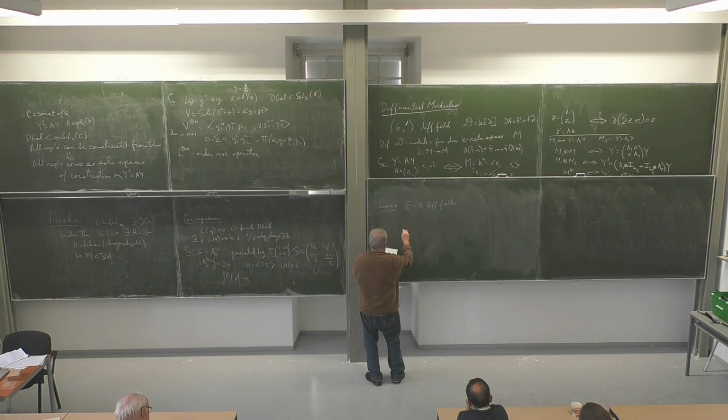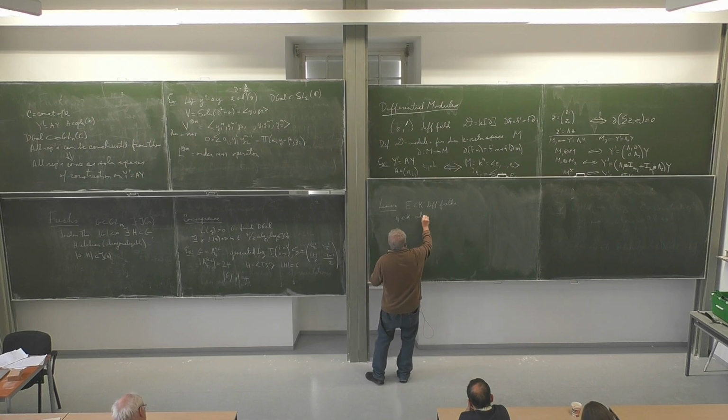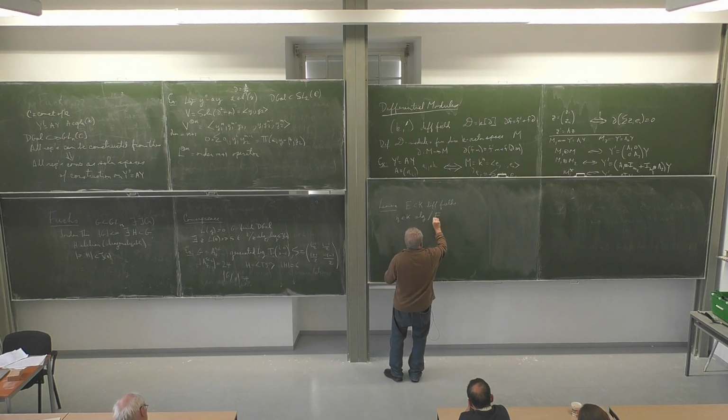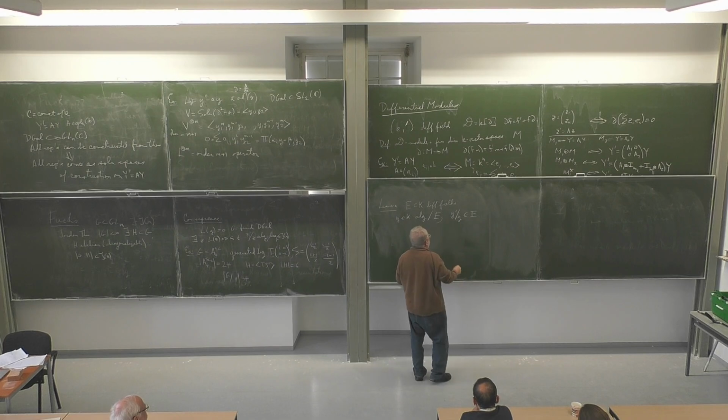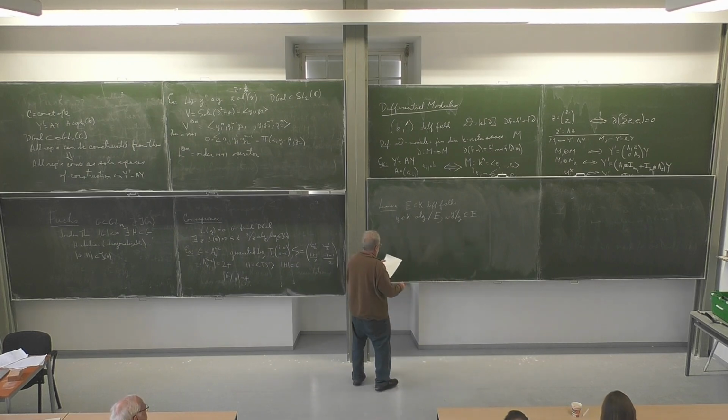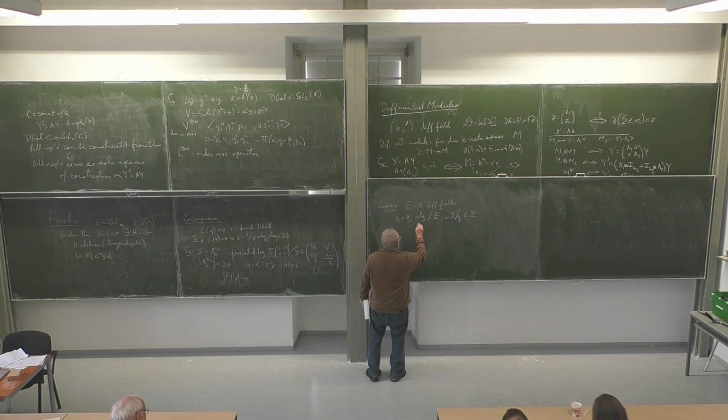You have an element y of K, algebraic over E, and satisfying the property that y prime over y is in E. I'm going to call this u. Algebraic of degree equal to r.